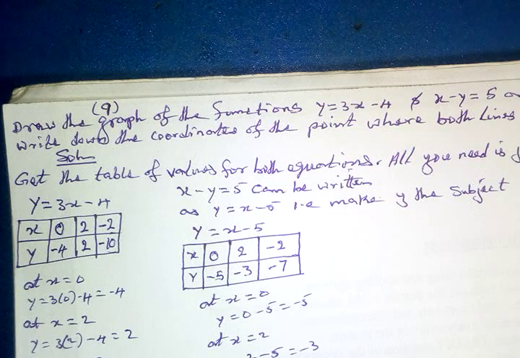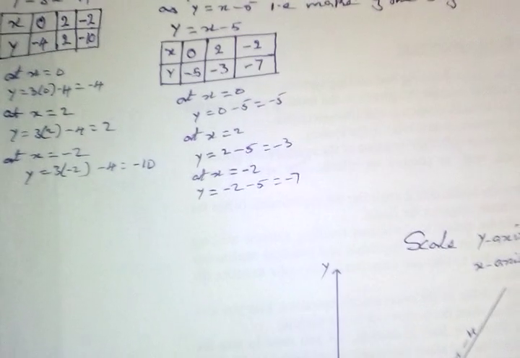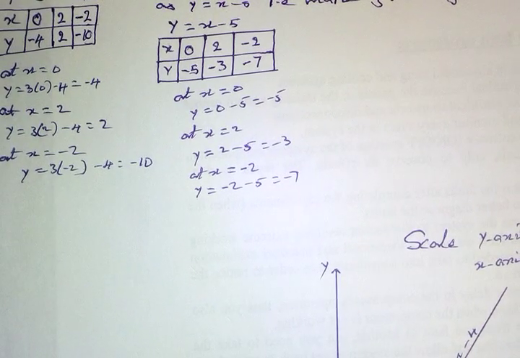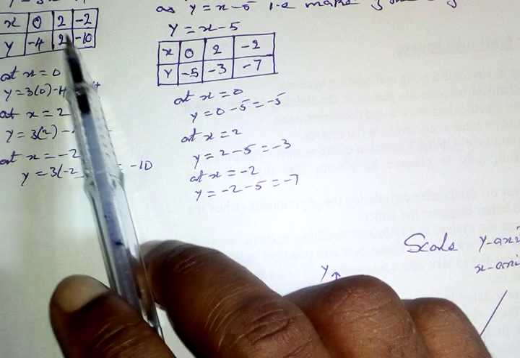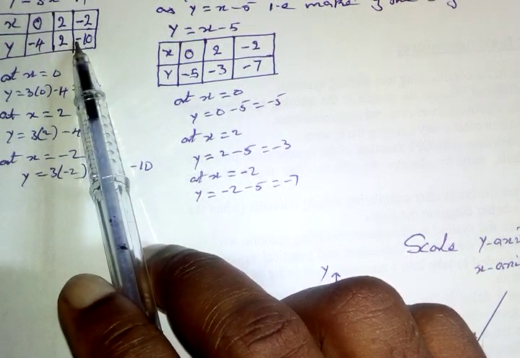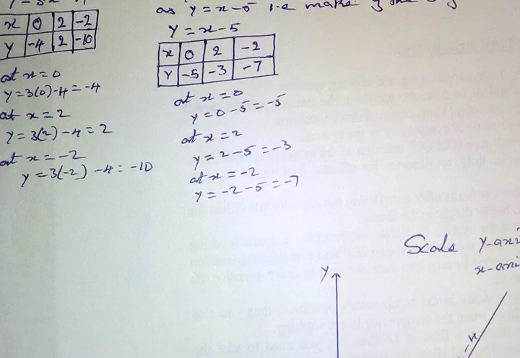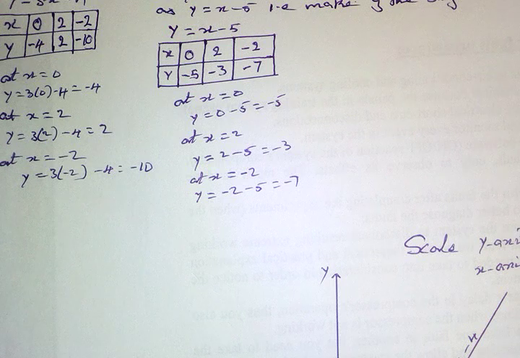And at x equal to minus 2, y will be equal to minus 7. Okay, so now I have the two tables of values for the two lines that I want to draw. Now let's go ahead and draw the lines.